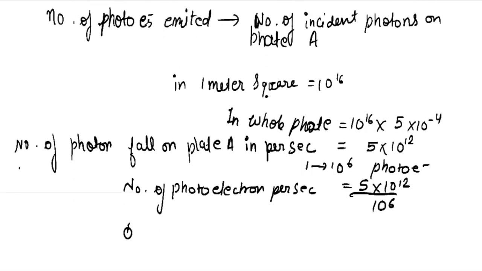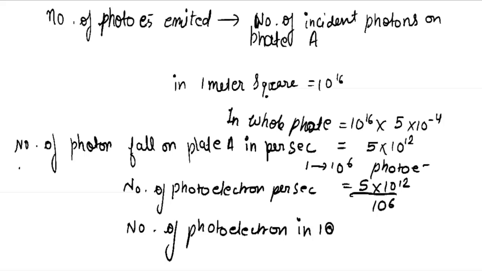But we want the number of photoelectrons in 10 seconds. So we are going to multiply this term with 10. After solving this, we have 5 into 10 raised to the power 7.